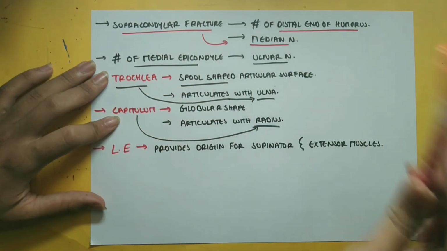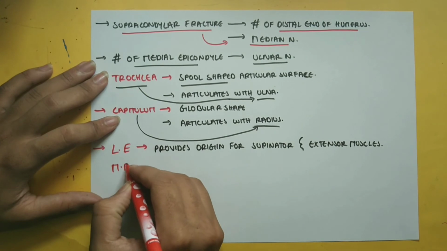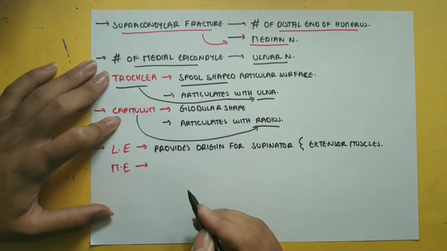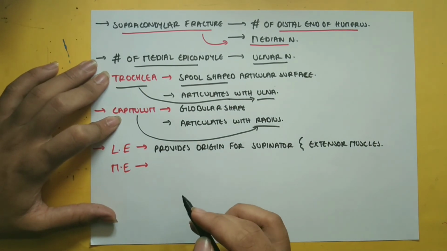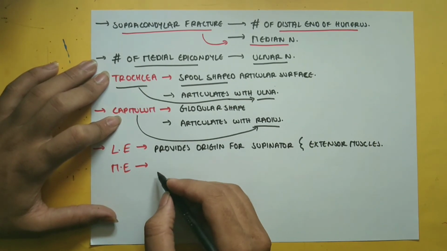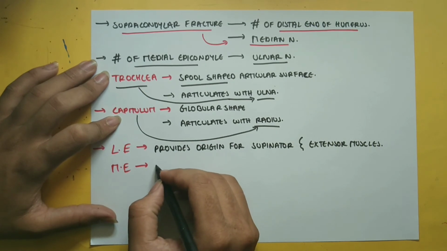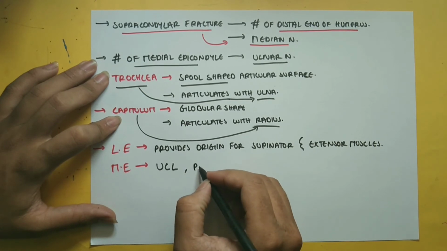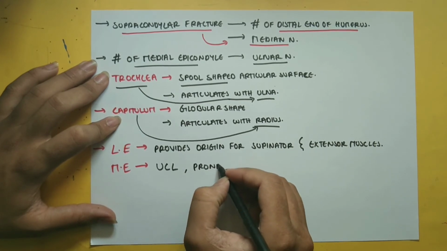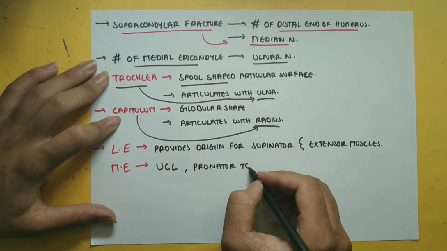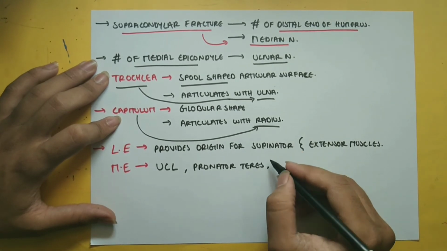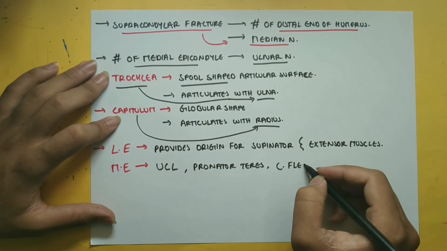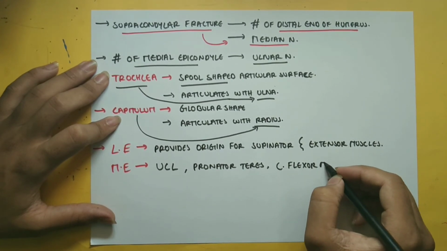And what does the medial epicondyle do? This medial epicondyle also provides attachment for the ulnar collateral ligament, commonly called UCL, and pronator teres, and common flexor muscles.